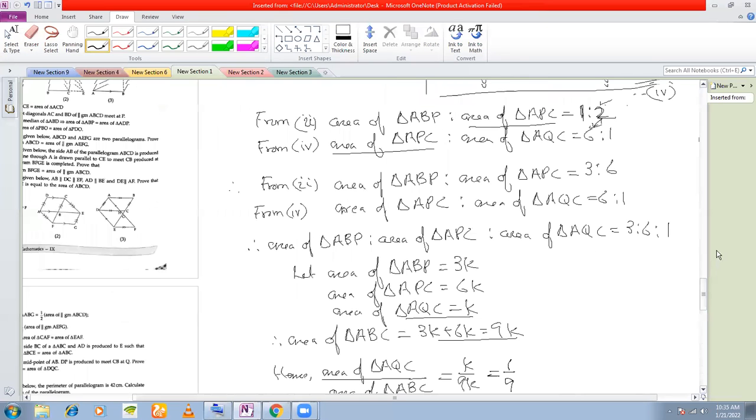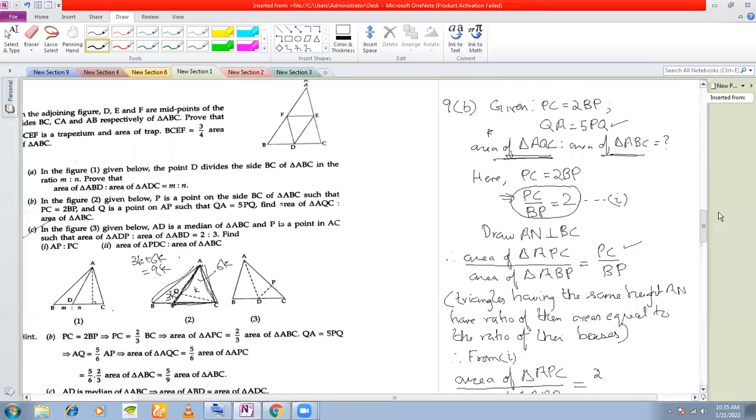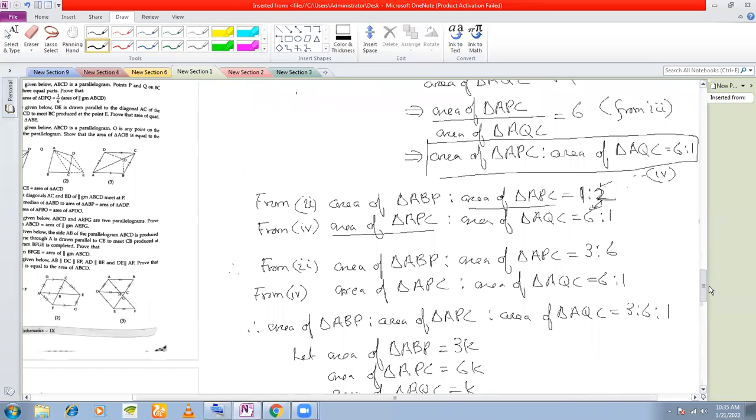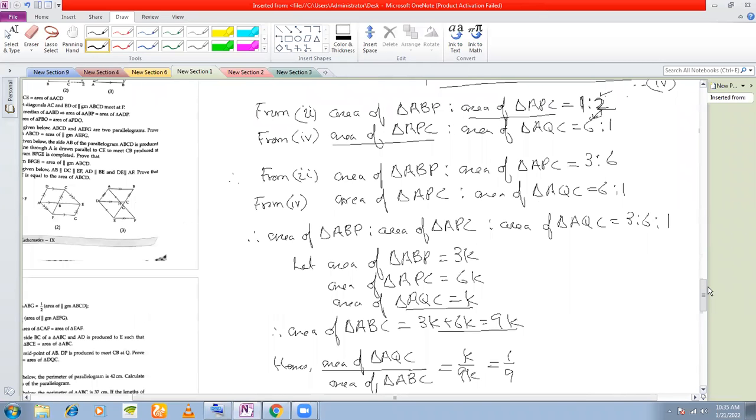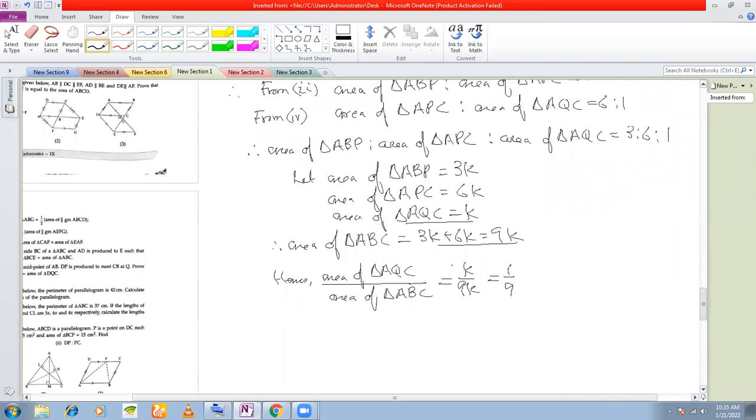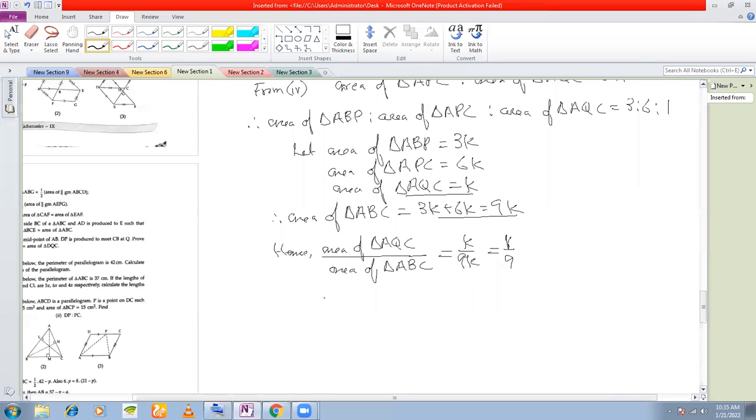Isn't it? AQC is the area that we need to find. Yes, this is 1:9. So that means ratio of these two areas is 1:9. And that is the required ratio. Okay.